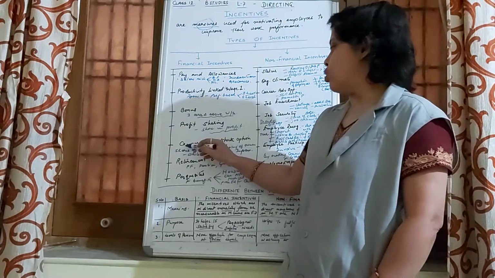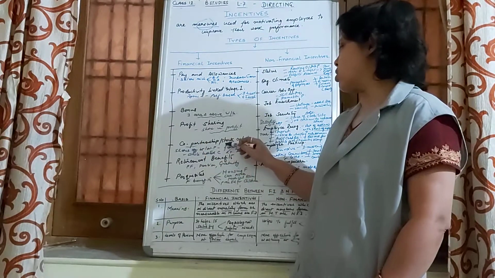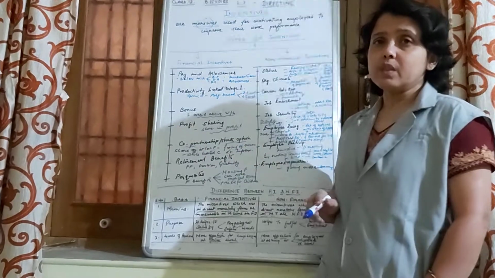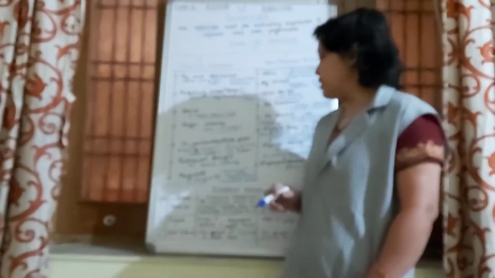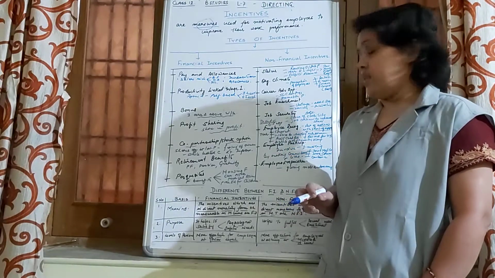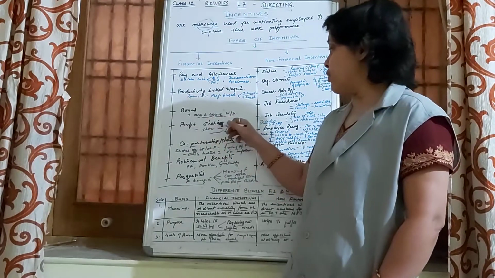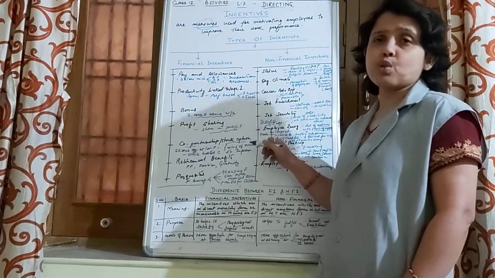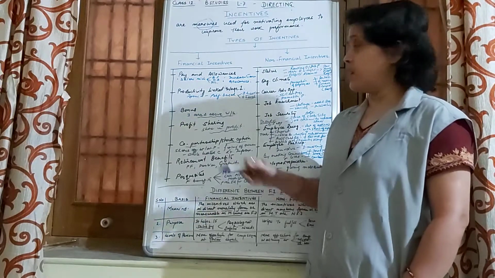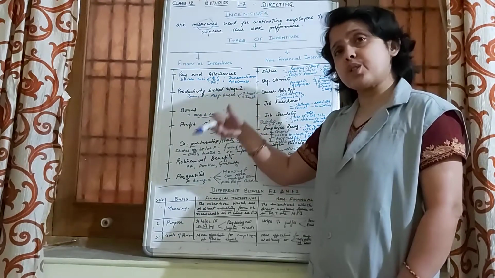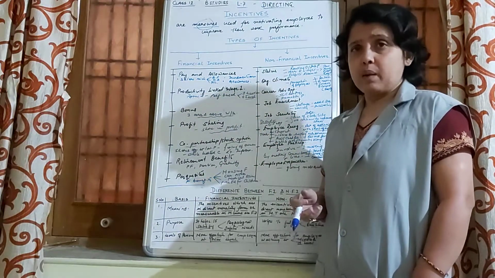Then comes co-partnership or stock option. Please, students, I just need to remind you that you should not be confused between profit sharing and co-partnership stock option. When we say profit sharing, that means a share in the profit of the company.